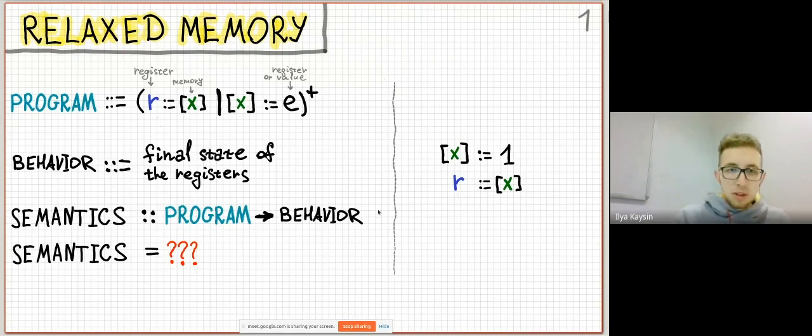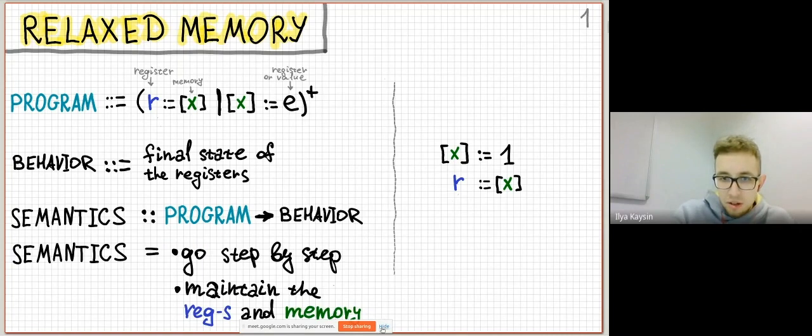And our goal is to define an algorithm that takes a program as an input and produces the behavior of this program as an output. And by behavior, we mean the result of this program, that is the final state of the registers. In this setting, this task looks easy because we can just go step by step.